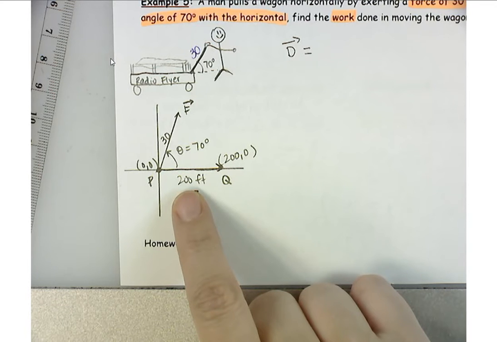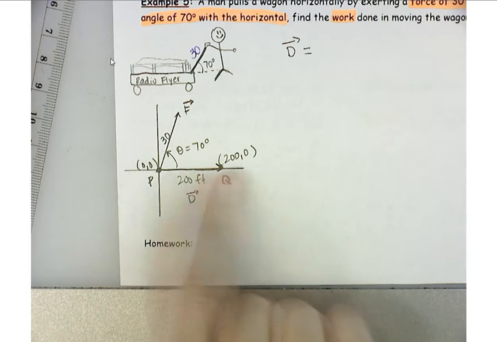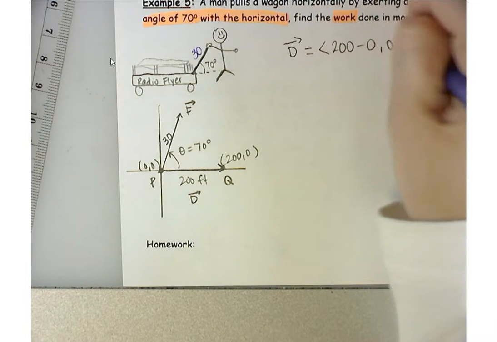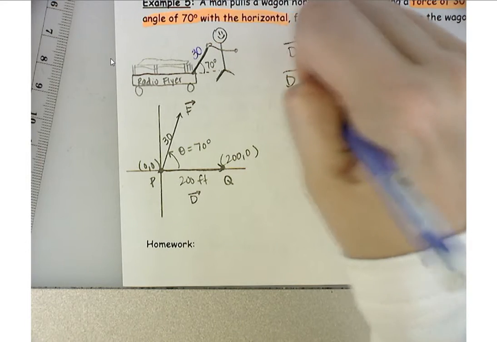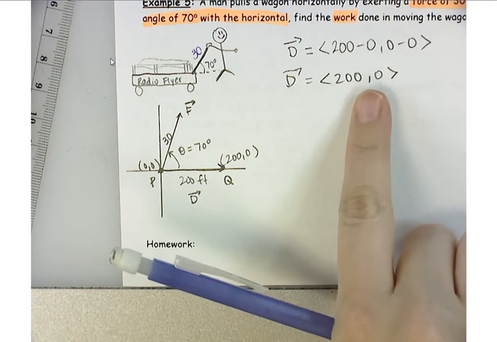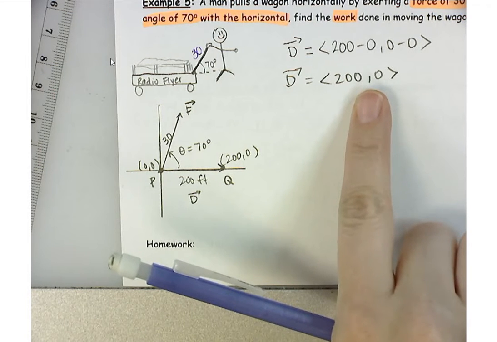To the right. So that means it would be positive 200, 0. You can also think of it as subtraction, right? 200 minus 0, 0 minus 0. But like I said, you can just look at it and see I'm going 200 to the right. I'm not going up anywhere, so this is going to be my distance vector.